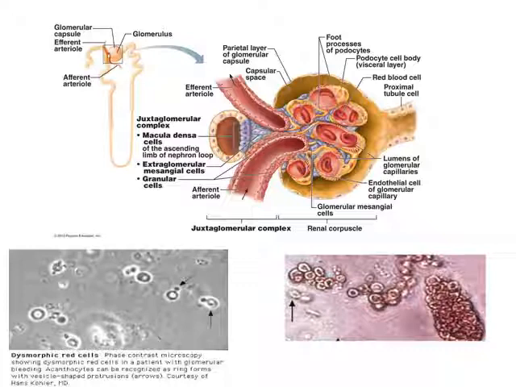So the RBCs, while passing through this hole, will be squeezed and will be dysmorphic. The RBCs will have some bud like that, or two buds like that. It will become dysmorphic, with abnormal morphology, and this is the name of dysmorphic RBCs.